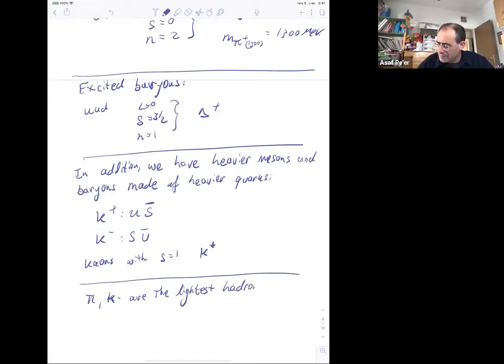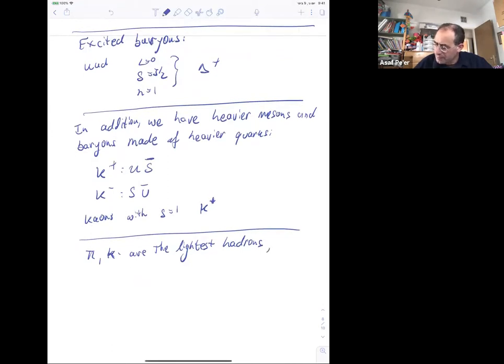These are the ones that are mostly produced and mostly observed in experiment. And of course, they have the longest lifetime, so these are the most easily detected. But I think now you see the richness from these 6 quarks. When you start exciting them, you can get very many different particles.